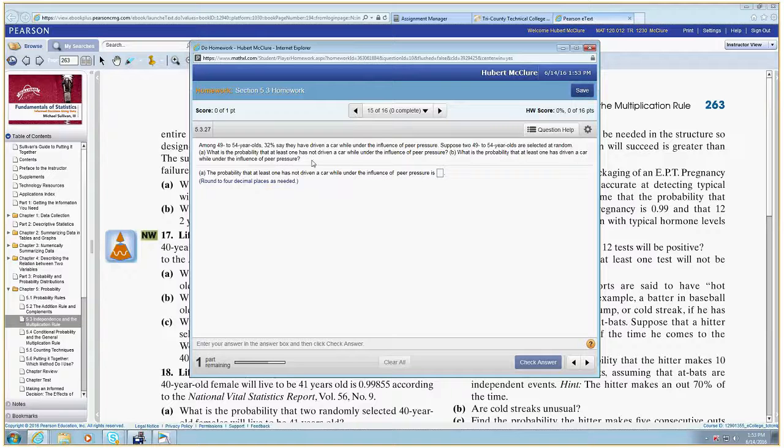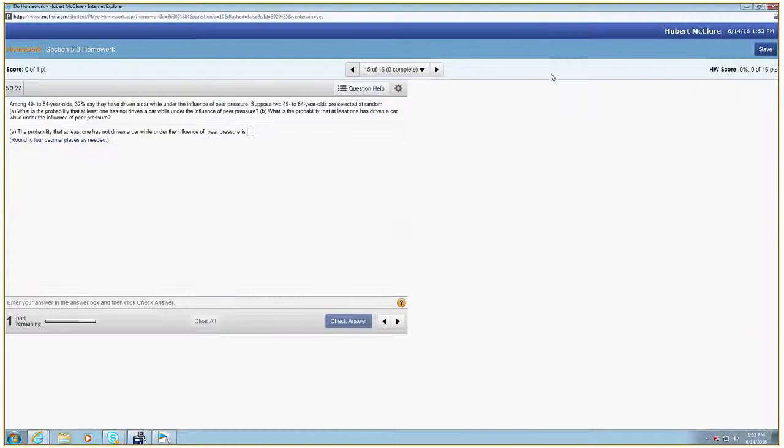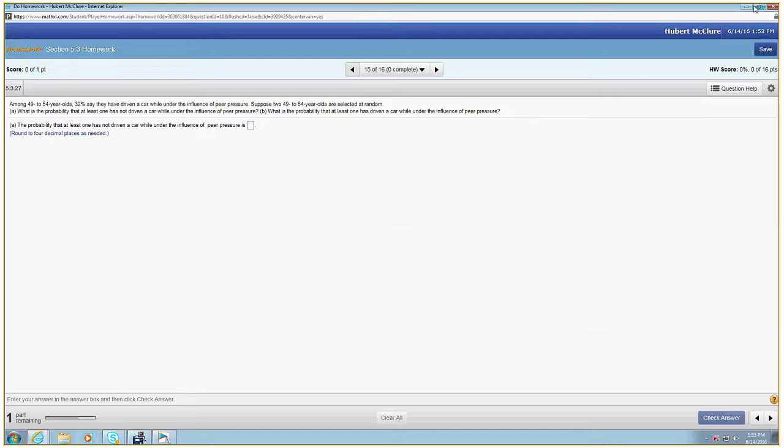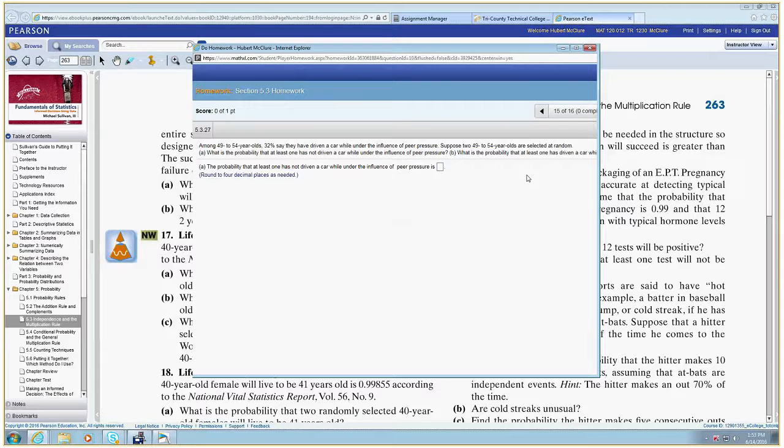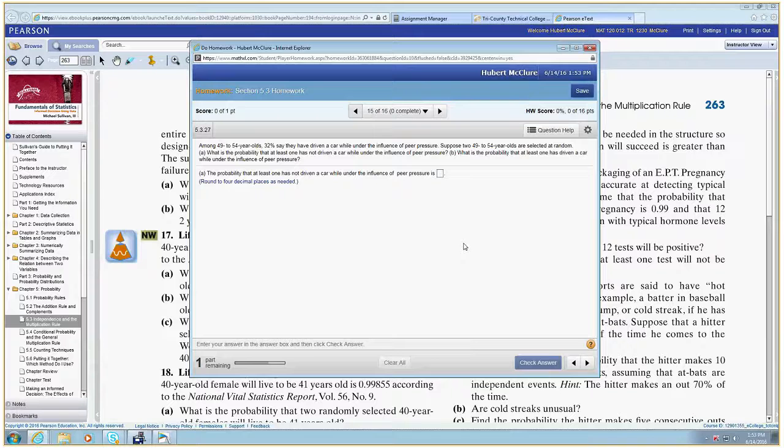All right, I don't know what this one says, but among, let me try to blow it up for you. Among 49 to 52-year-olds, 32% say they have driven a car under the influence of peer pressure. Oh, under the influence.